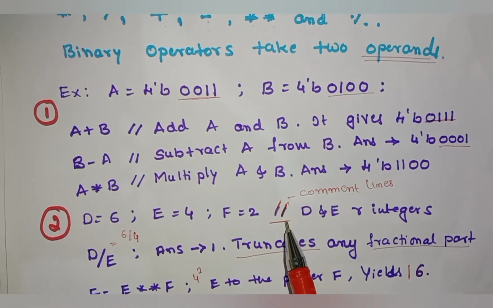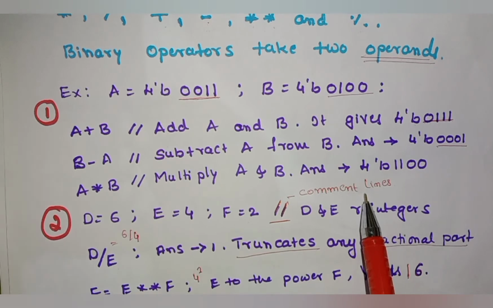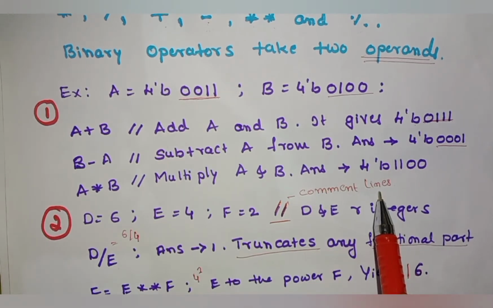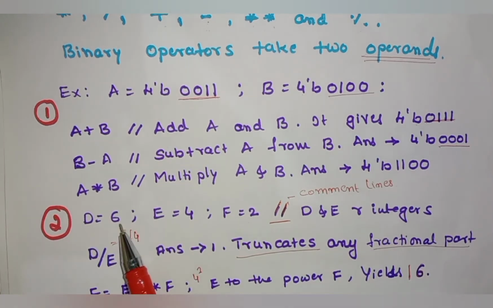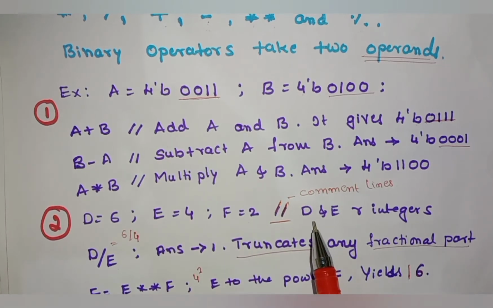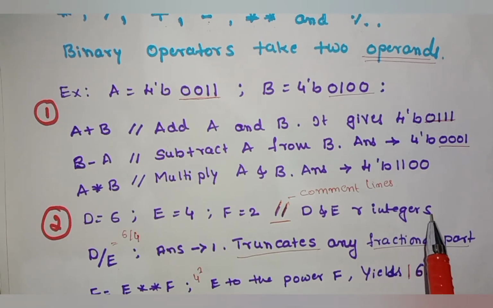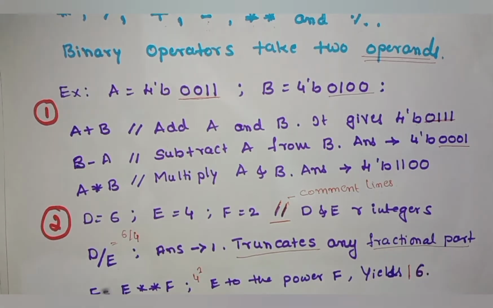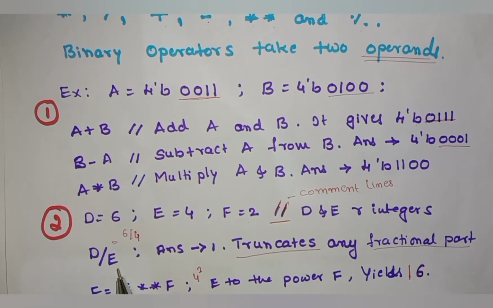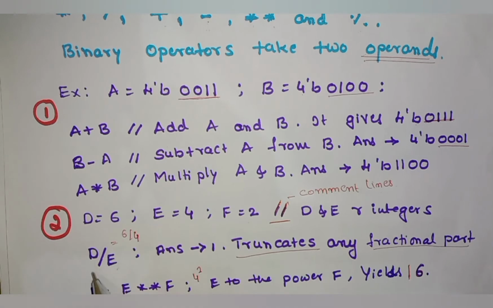I have already explained that these two forward slashes mark comment lines, and you all know what a comment line is. In this second example, d is 6, e is 4 and f is 2, and d and e are of the type integers. You all know what integers are. If I find d by e, the arithmetic operator for division, what is the answer going to be?